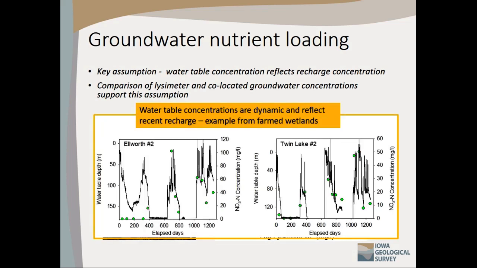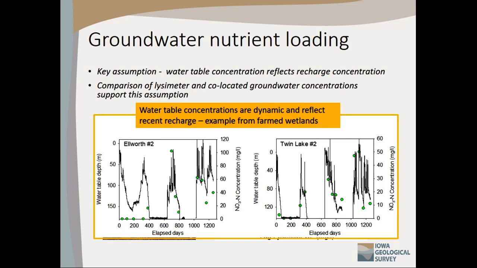We've done other monitoring in farmed wetlands across north central Iowa, and what it does show is that the water table concentrations that we see are not static. They fluctuate quite a bit with when recharge happens. So kind of getting the water quality component to add to the flux of the flow itself, you kind of see how we could estimate nutrient loading this way.